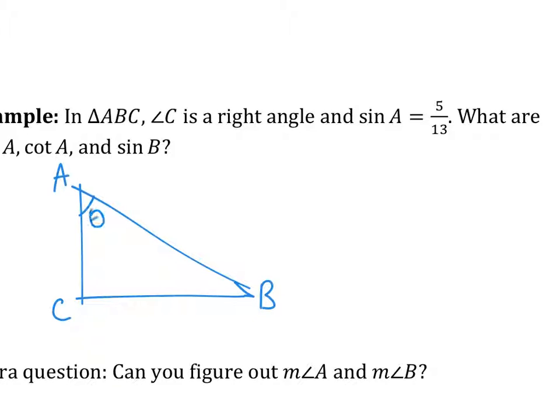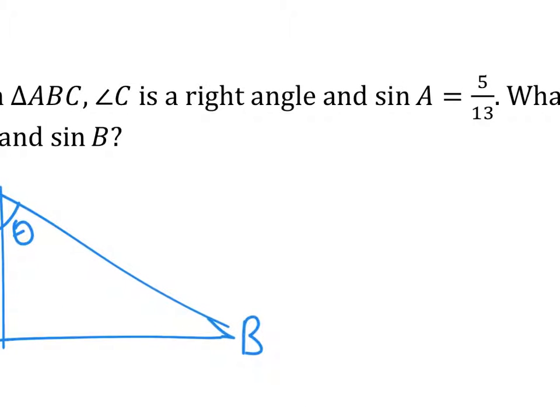So that means A is here, some angle. Now let's go back to our detective work. Sine is what side over what side? Opposite over hypotenuse. So SOH, so O is 5, H is 13.